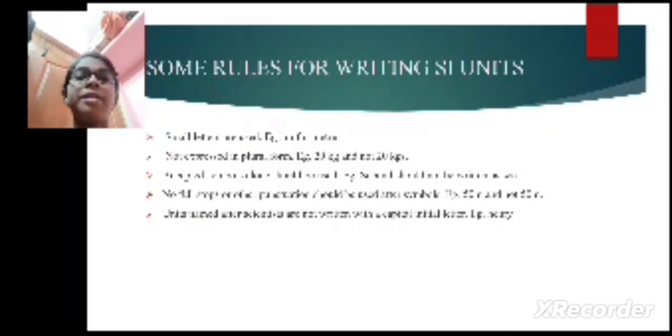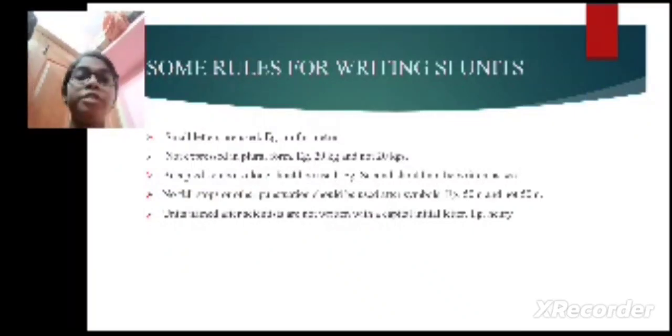Then only accepted symbols should be used, for example for second. Sometimes we make mistakes and write SEC or secs. We should not write like that. Second should be written only as s; the symbol is s, not SEC.